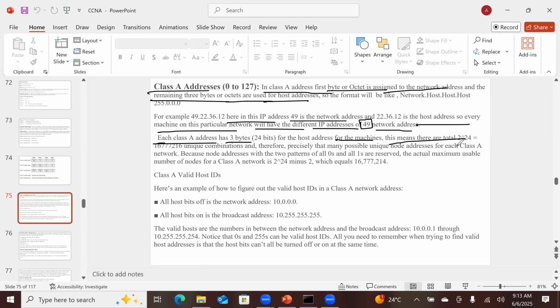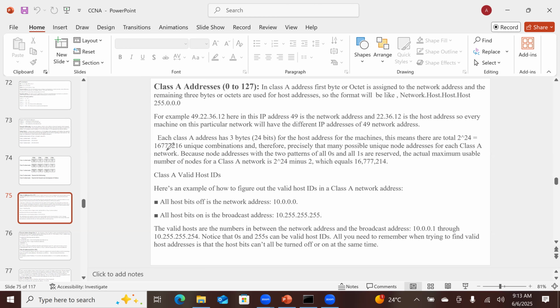So there are a total of 2 raised to 24 IP addresses we can have in class A. 2 raised to 24 means 1 crore 67 lakh 77,216. That means if you take this 49.0.0.0 network, inside it we have 1 crore 67 lakh 77,216 IP addresses, inside only one network.